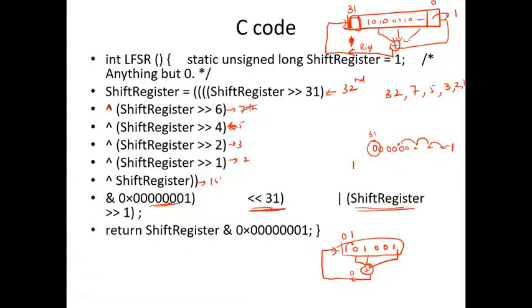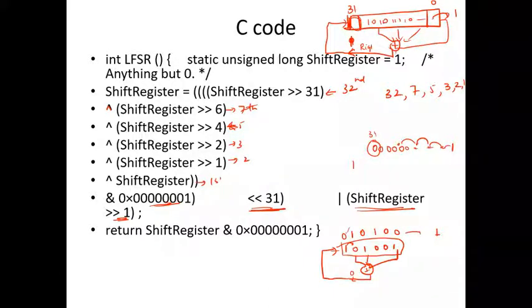The old contents of the shift register are shifted right once. That means I am going to have 1 0 1 0 0, and this 1 comes out.